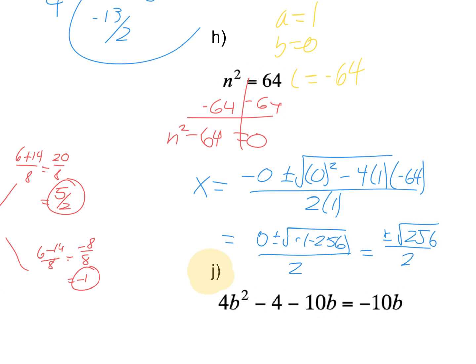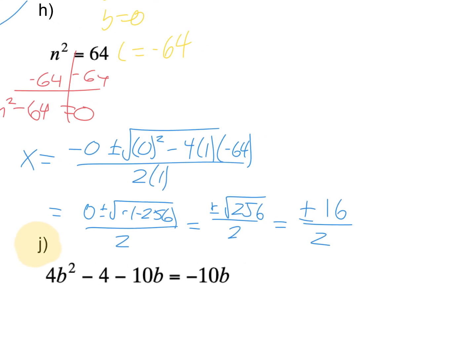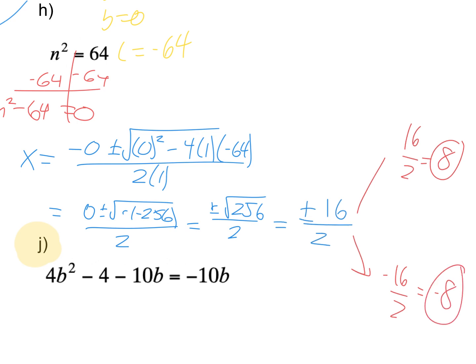And this is still divided by 2. You can plug that into your calculator, but I believe the square root of 256 is 16. So at this point, we can split into two different equations or two different expressions. So I have positive 16 divided by 2, and I have negative 16 divided by 2. So our answers are going to be 8 and -8.